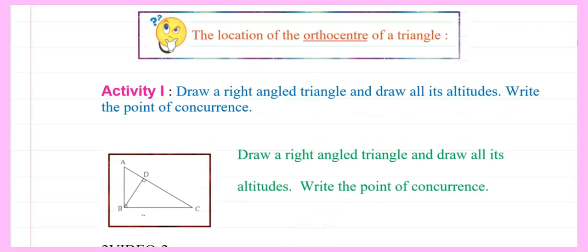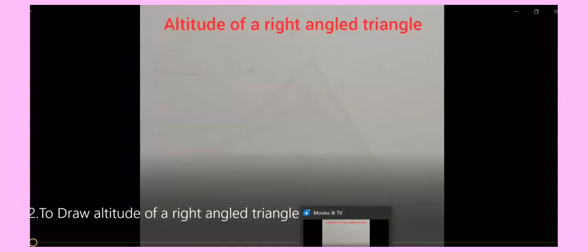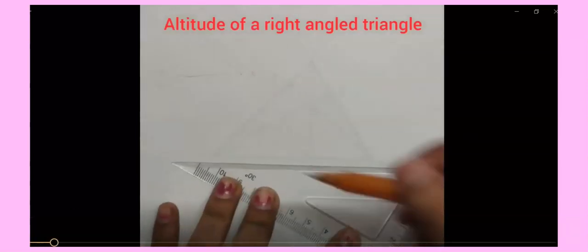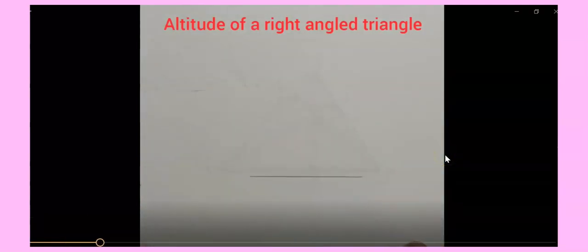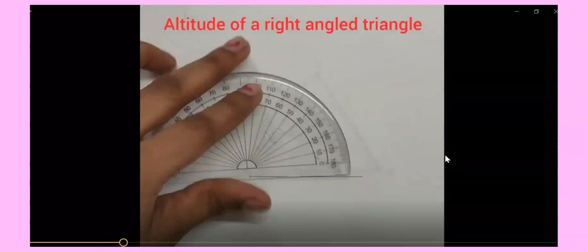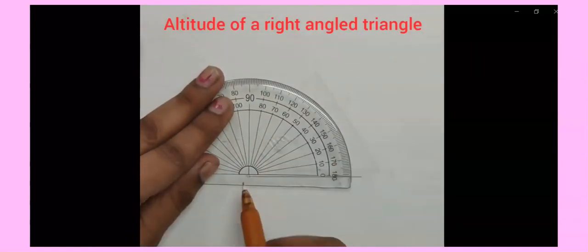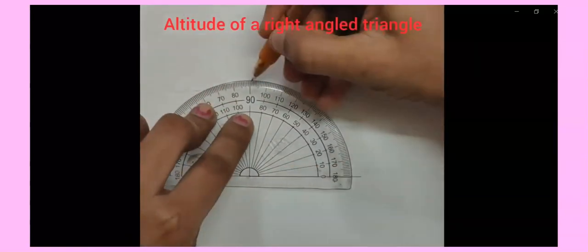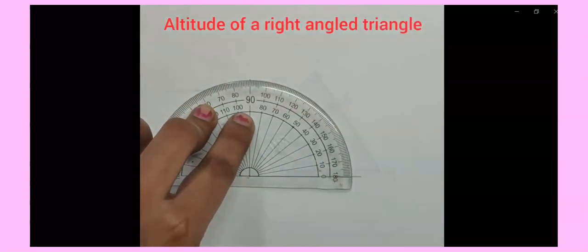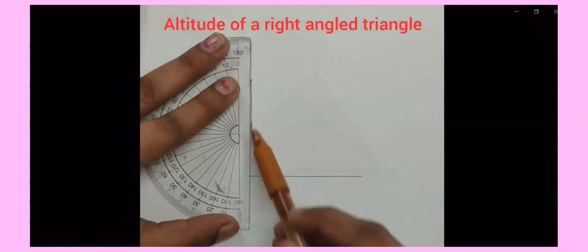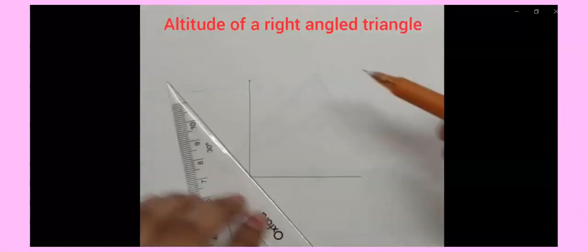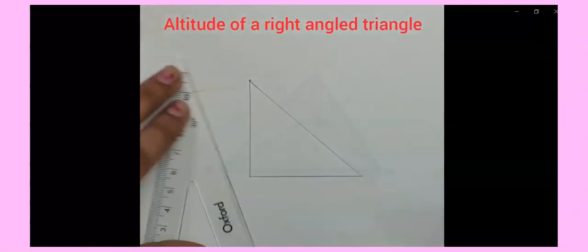Now we will see this video again. Now see this, the altitudes of a right angle triangle. First draw a right angle triangle. For that we have to take the measure of the right angle, that is one angle is 90 degrees, by using the protractor. Join this.